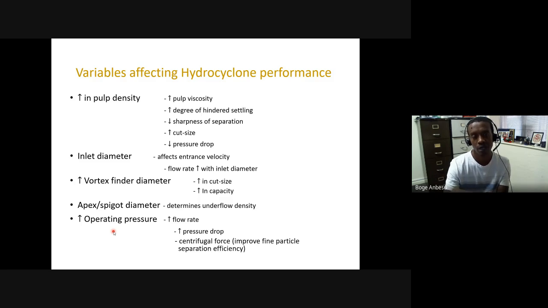If I make the cyclone bigger, for the same feed rate and everything else, I am reducing the internal pressure. When I reduce internal pressure, I increase the cut size because I allow more coarse particles to go to the overflow. So at least try to have that basic understanding of how a cyclone works, so that you can predict what happens when you change some variables.